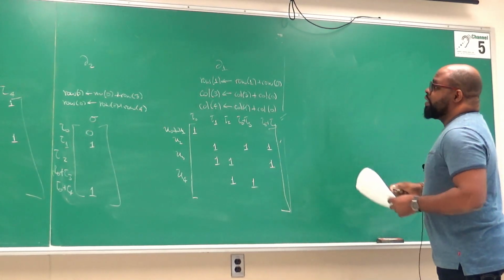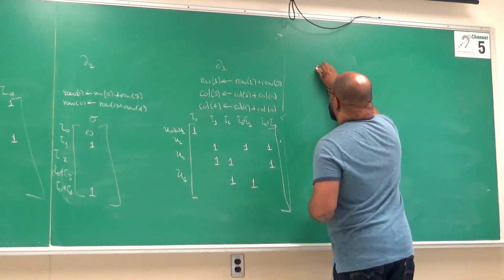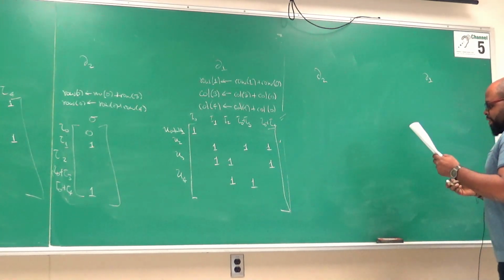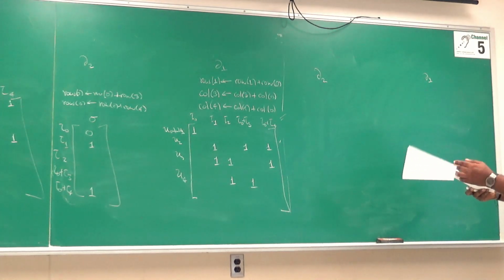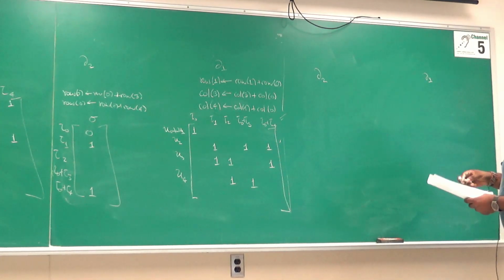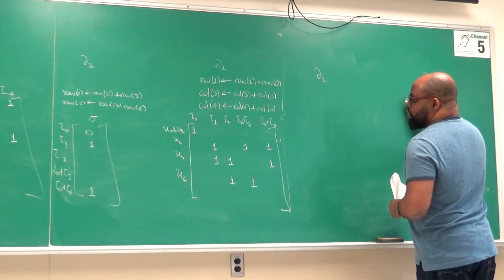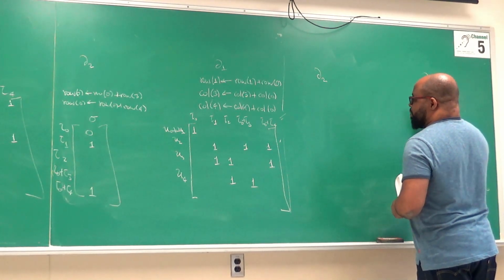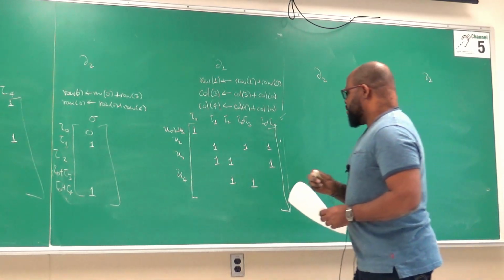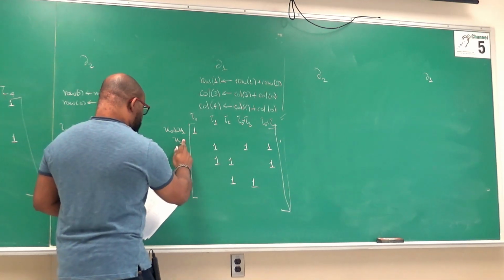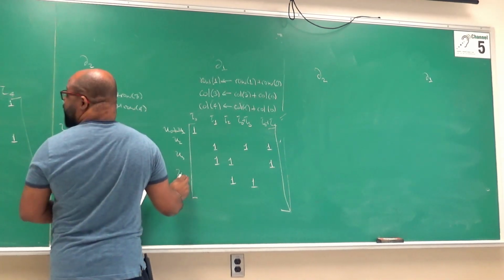So let's continue on. The reductions I'm going to do are, so I'm going to use row 2, 0, 1, 2, yeah. There is a 0, 1, 2, 3.